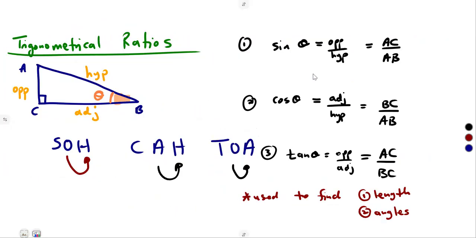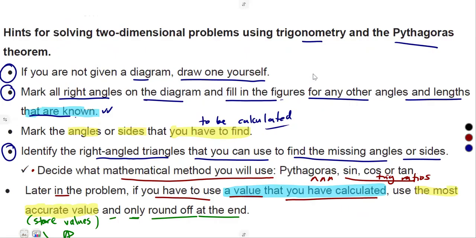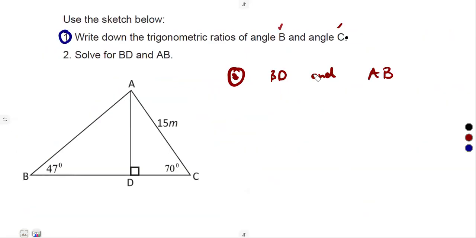We could have even used others. Remember, there's also the sine rule and the cosine rule. In our case, to find the length of AB, we can use the sine rule, angle to the side, remember. But we want to focus on these trigonometrical ratios as part of our class.